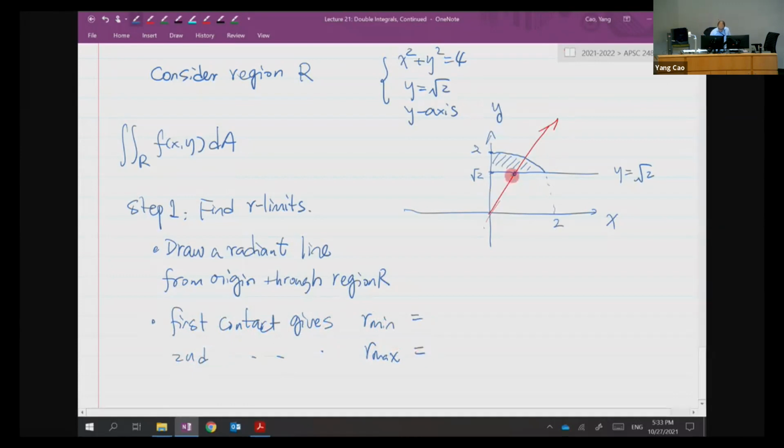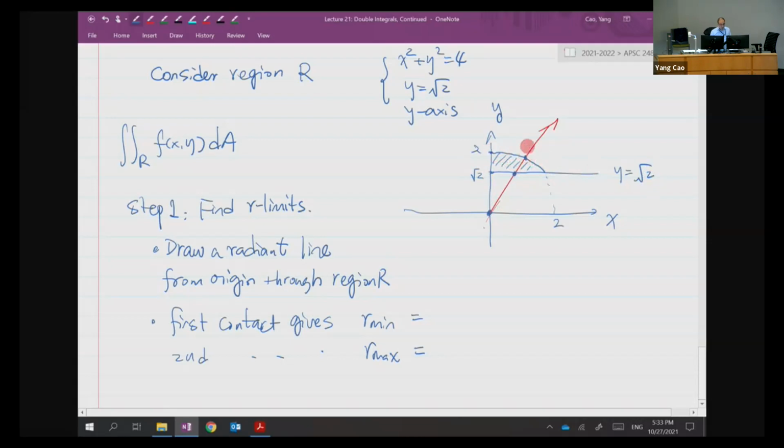Then if this is the first contact, r min is the distance from here to here, and r max will be the distance from here to here. Apparently the first contact falls on the line y equal to root 2, and the second contact falls on the circle, which is right here.